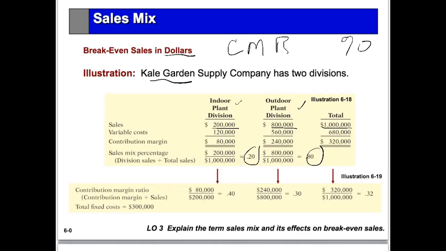Now for the CMR, it's simply the contribution margin as a percentage of sales. The contribution margin ratio for indoor plants is 80 divided by 200, or 40%. And for the outdoor plants, it's 30%. On a combined basis, it's 32%, but we don't need that combined base.